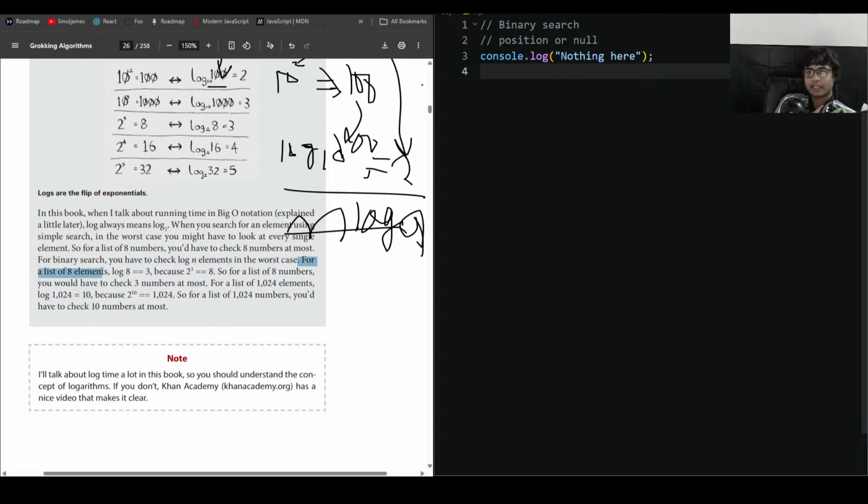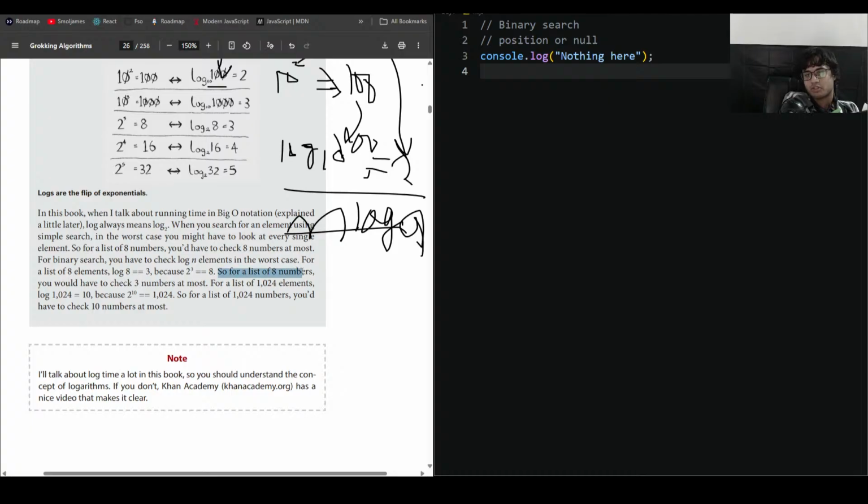For a list of 8 elements, that's log 8, which is 3, because 2 multiplied 3 times gives 8. 8, 4, 2, 1.